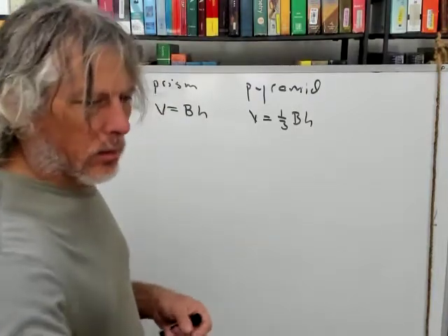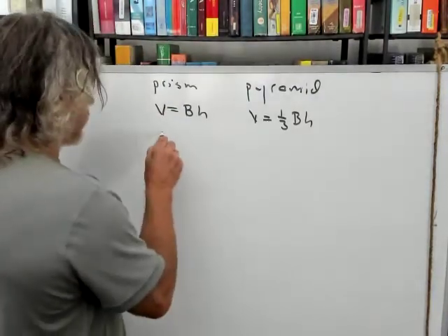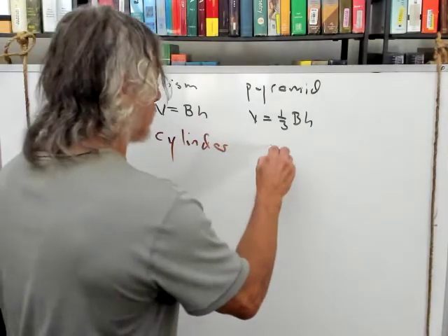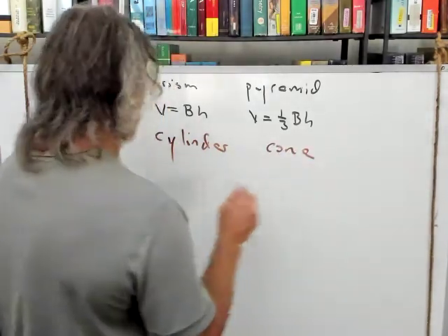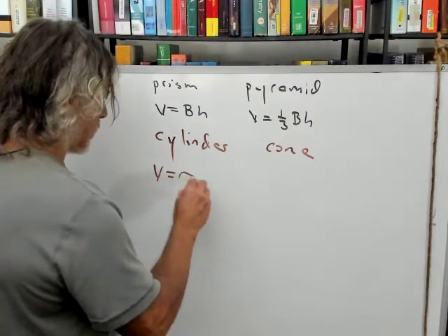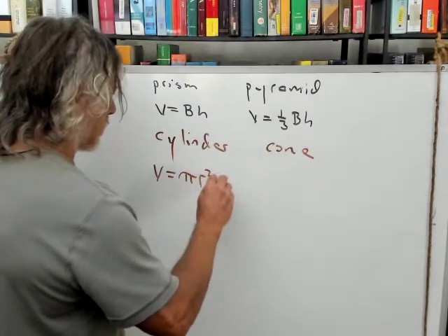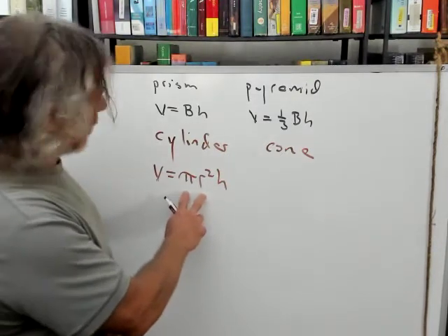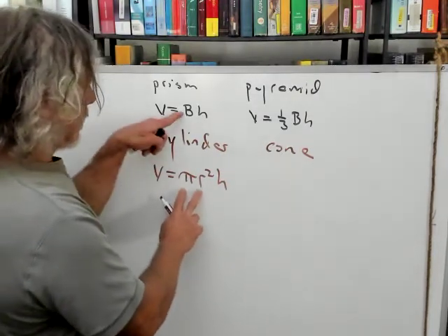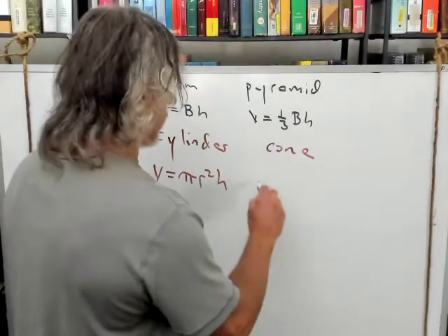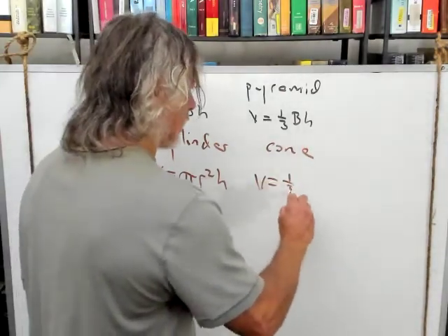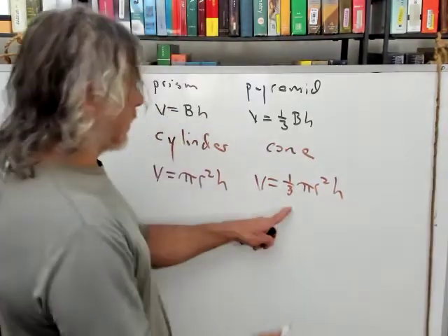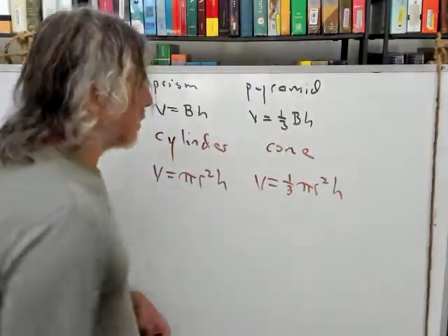So we can do base times height. It's a cylinder, a circle, so the base is pi r squared. And here we do 1/3 of that, 1/3 area of the base times the height.